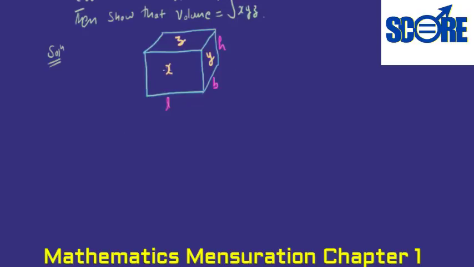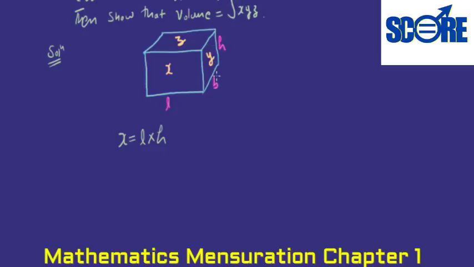So here x is the area of this face. This face is nothing but a rectangle having length L and height h. So its area is x, we can say x equals L into h. Same way, this face having an area y square units is in the shape of a rectangle having breadth b and height h.